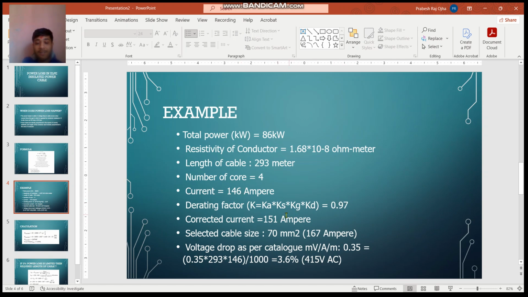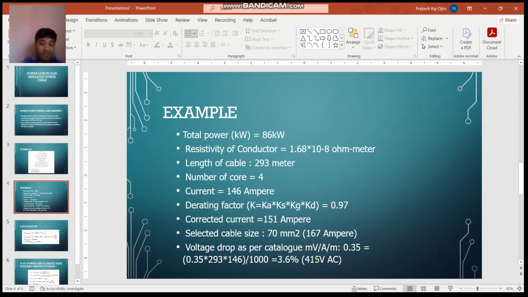So we selected the cable which has current carrying ability greater than 151 ampere, and we selected 70 square mm, 167 ampere, and our mode of installation is direct buried. And from the catalog we knew that the voltage drop of the cable is 0.35 millivolt per ampere per meter.